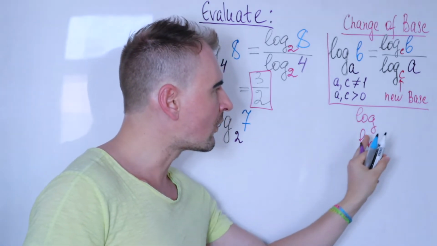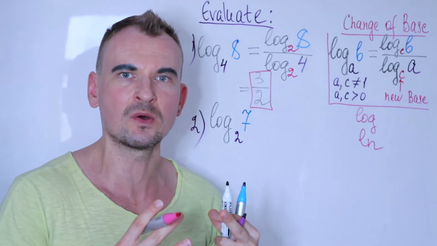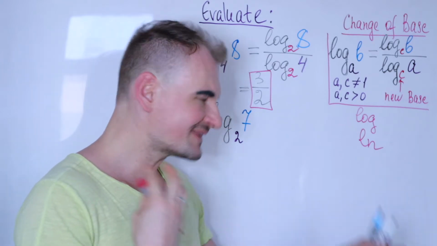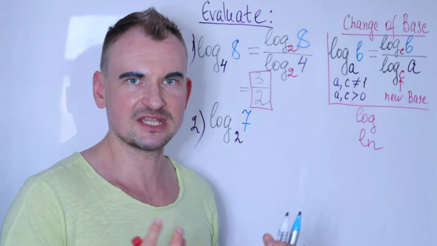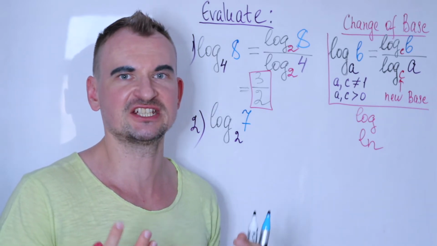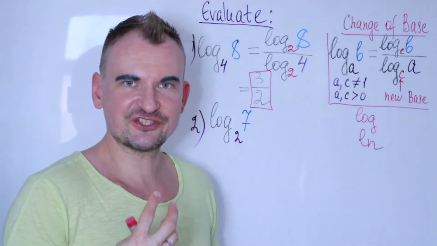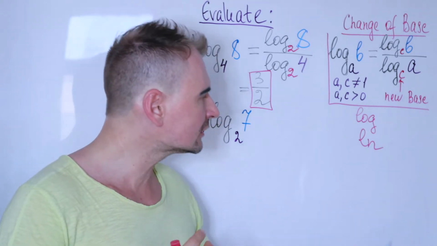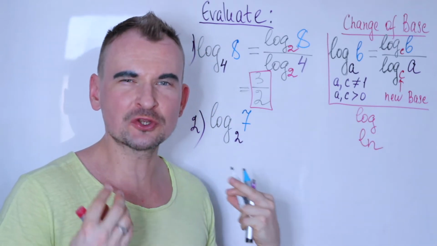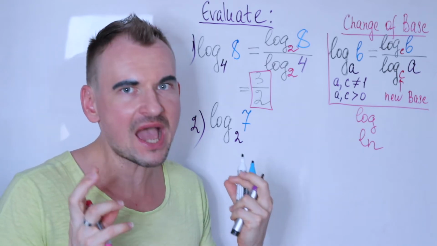So the first log is the common log, and the base is implied to be 10. It's assumed, unless otherwise stated, to be 10. So the default is 10. And the second log, which is called the natural log, is just the log to the base e. e is a special number like pi.